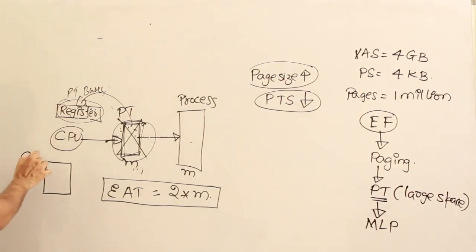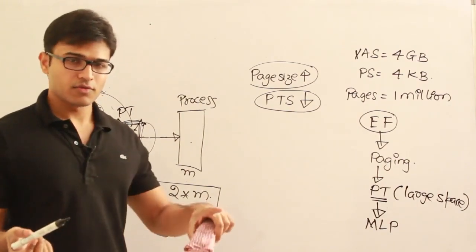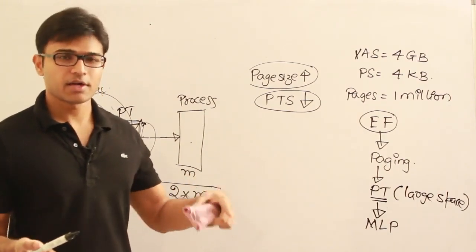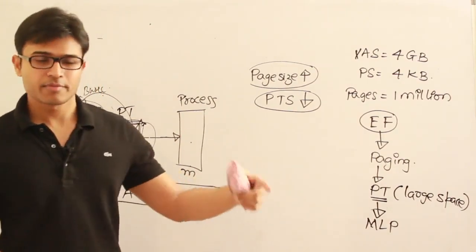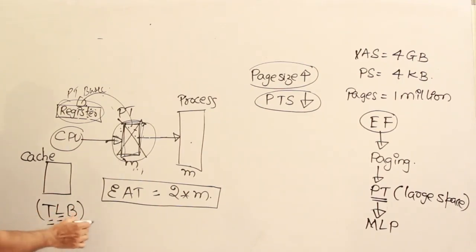Using cache, we can store more elements compared to registers. And this concept is also called TLB, translation lookaside buffer.